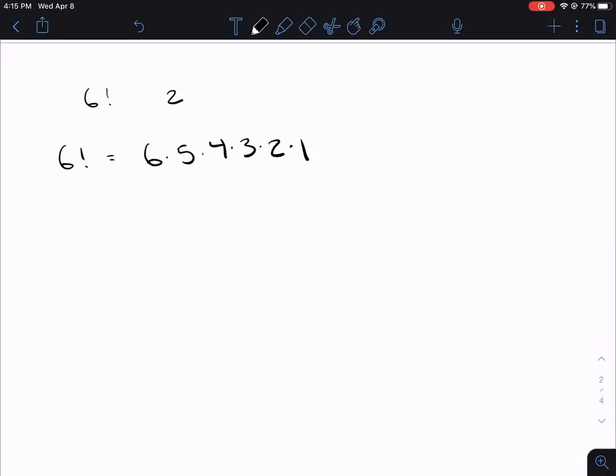Which of these 6 numbers contributes a factor of 2? It's 6, 4, and 2 that contribute factors of 2. So we can essentially just ignore 1, 3, and 5.